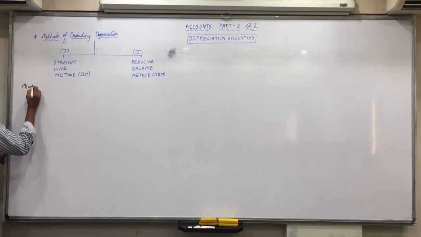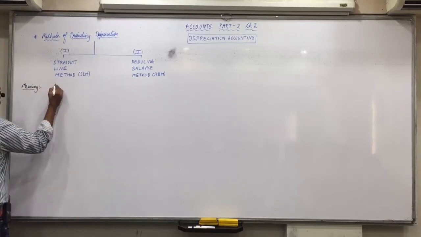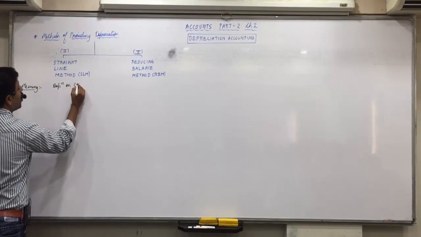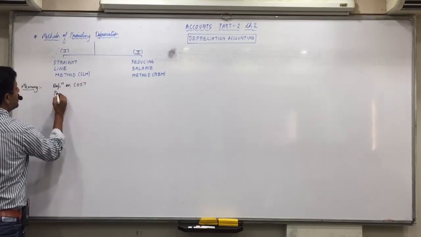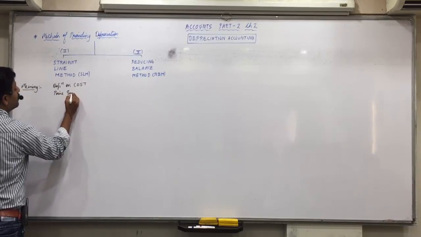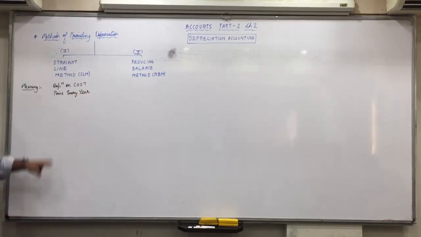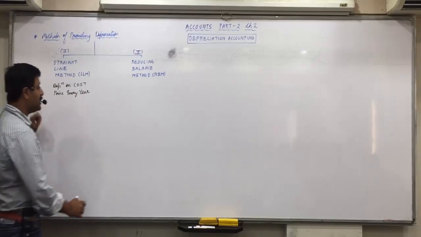In straight line method, depreciation is provided on cost price every year.